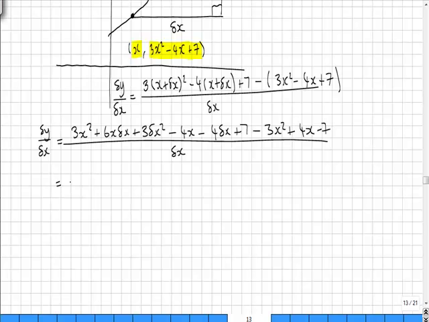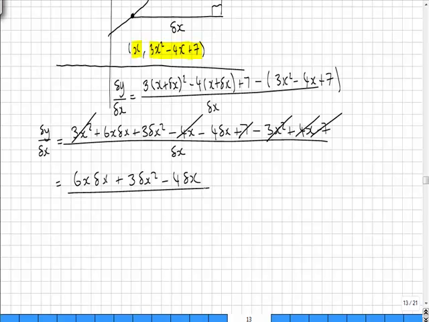Again, the numerator always looks quite bad at this stage, but then immediately you can see that quite a lot cancels. 3x squared minus 3x squared, minus 4x plus 4x, plus 7 minus 7, leaving us with 6x delta x plus 3 delta x squared minus 4 delta x all over delta x.